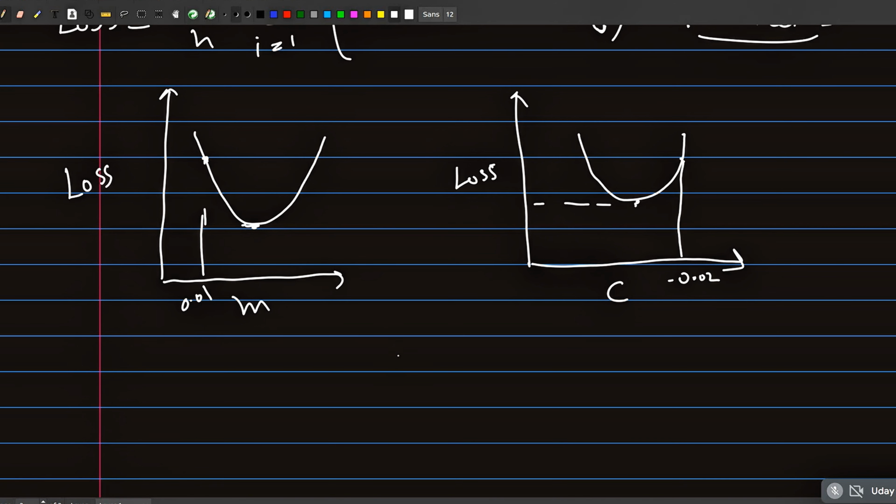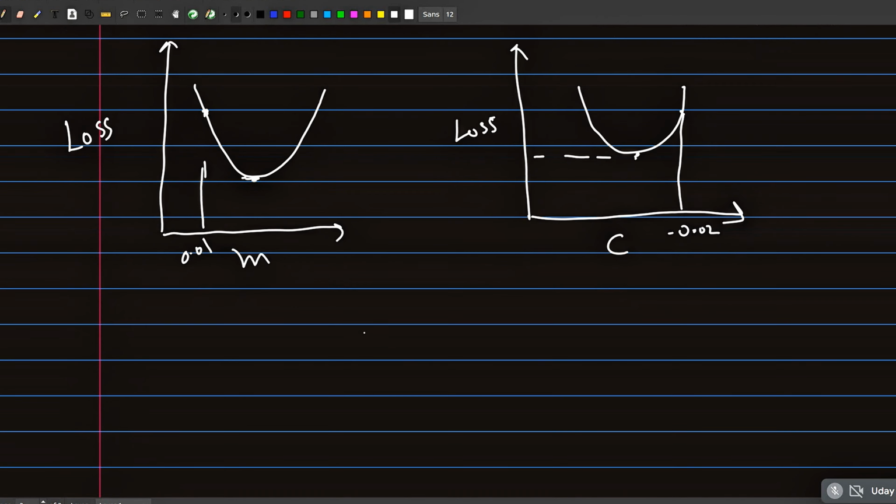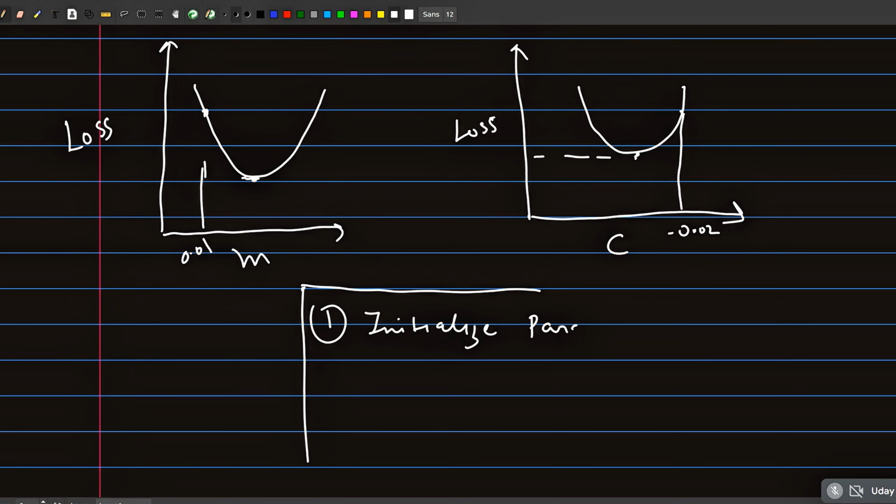So for that, one thing you can have is, when you compute loss, I will tell you that first, before going into that, let's discuss the basic process. Okay. So first process is to initialize parameters randomly. We initialize all the parameters randomly in the starting.